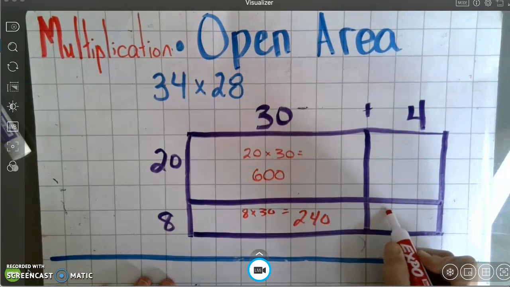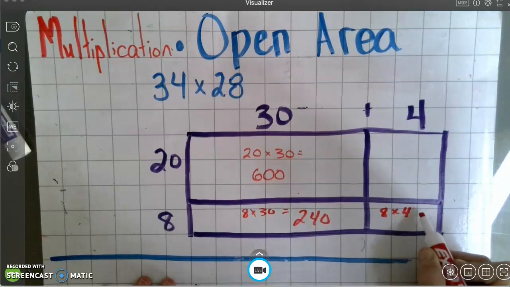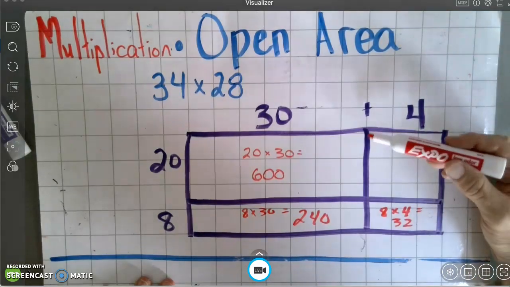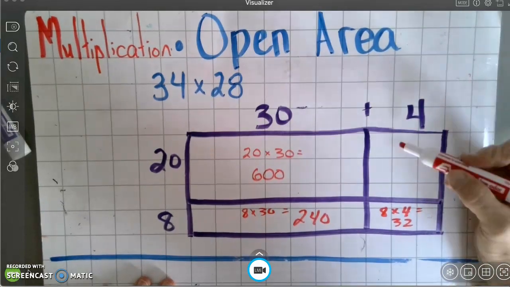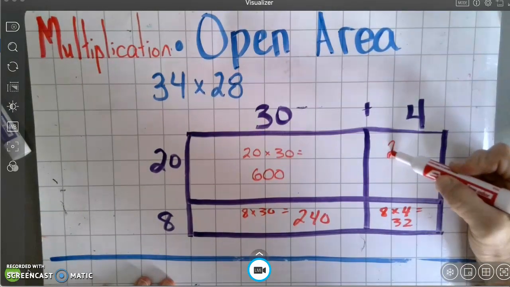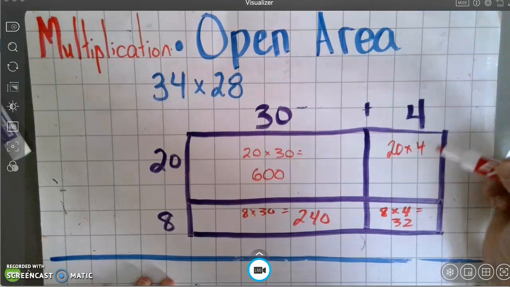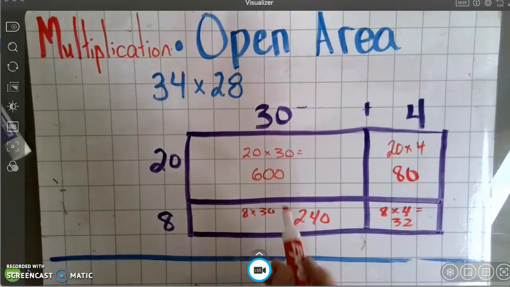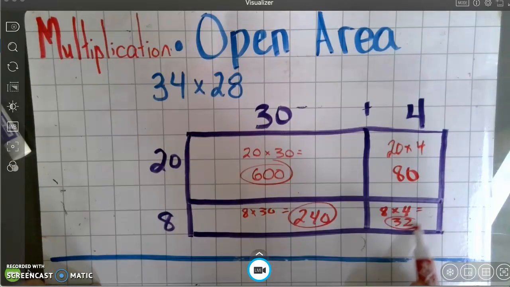So that is going to be an 8 by 4, which is 32. And then finally, this one is a 20 by 4, which is 80.